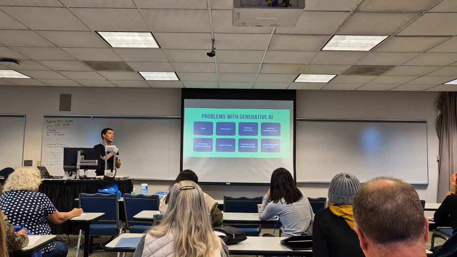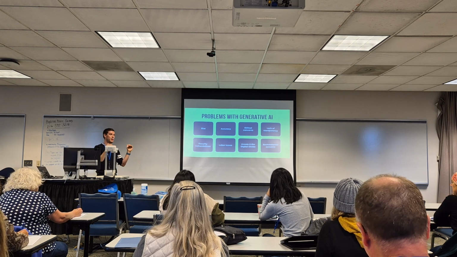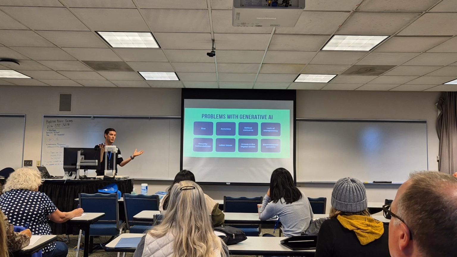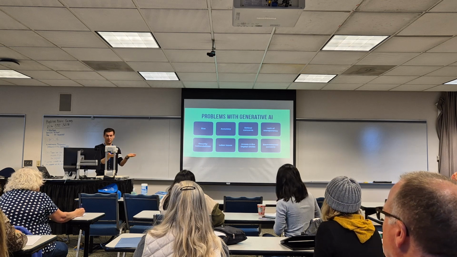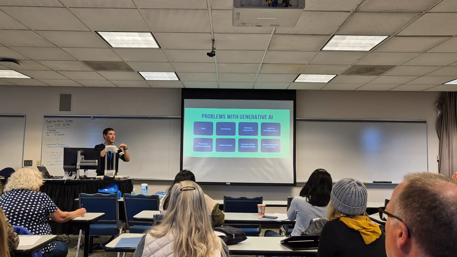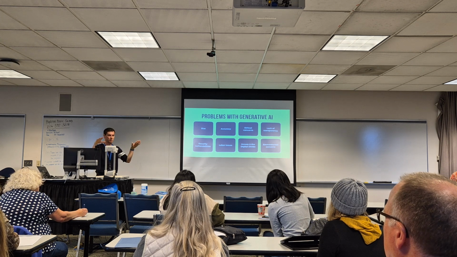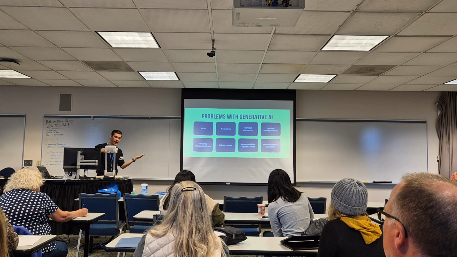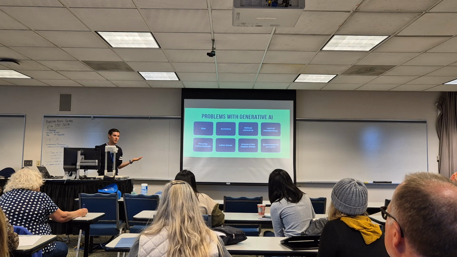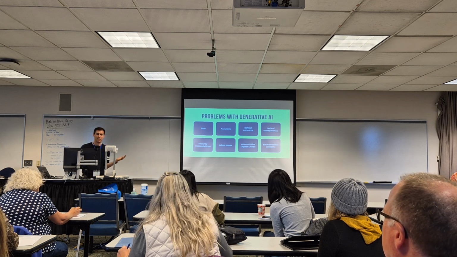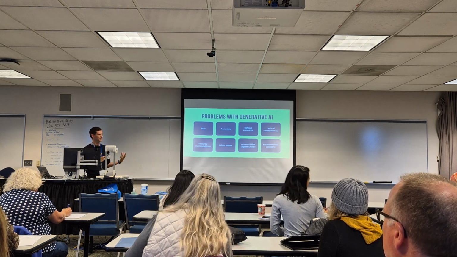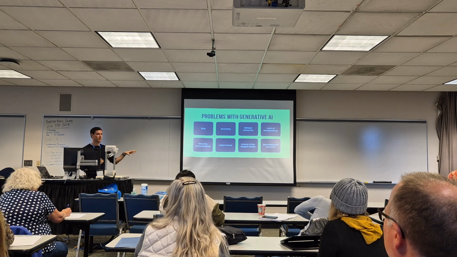But the point of the bias part is that it's trained on the internet of what we have put onto the internet. We, as in all of humankind and the people, the good and the bad, and so sometimes it'll get a result that seems like, why would it give me this result?